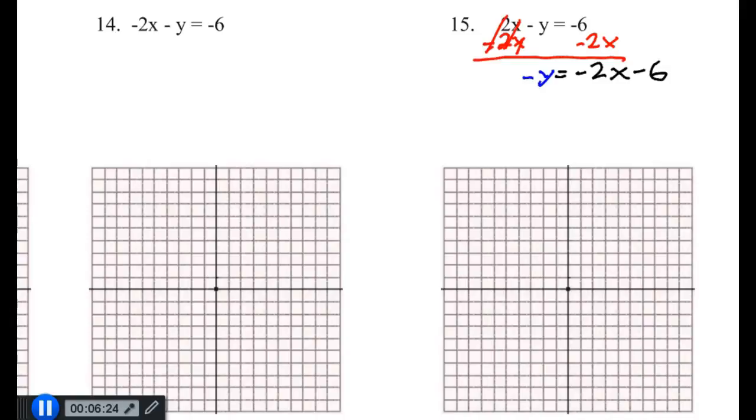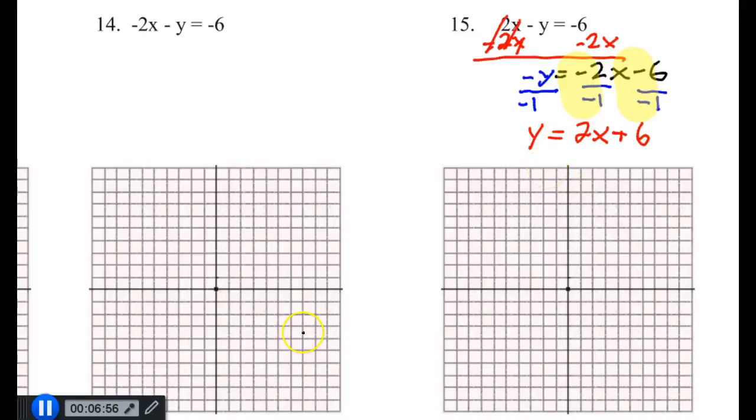And then you have to divide by negative 1. So a negative y is the same thing as negative 1y. Make sure you divide by negative everywhere. And here's the common mistake: when you have a negative divided by a negative, make sure you switch those to positives. So y equals 2x plus 6. Change those signs.